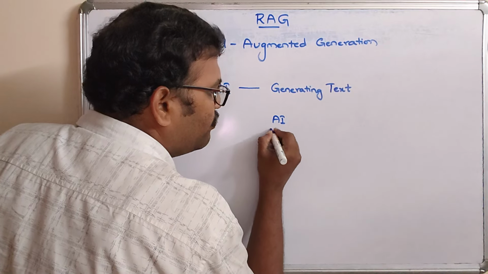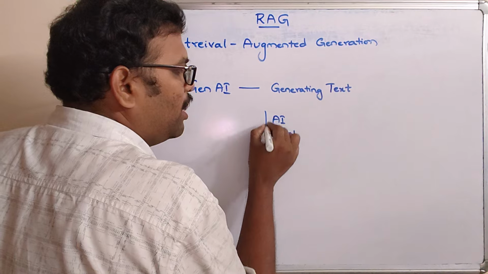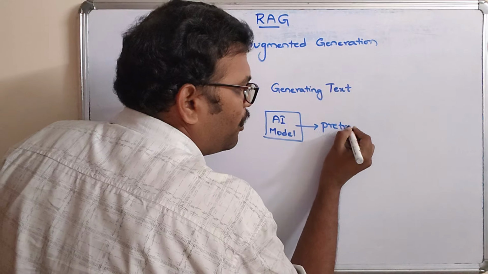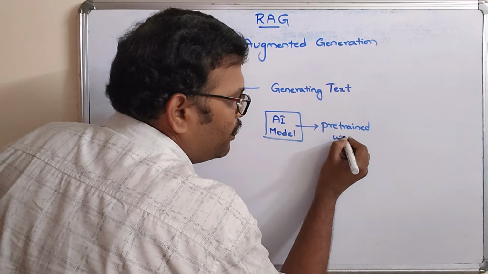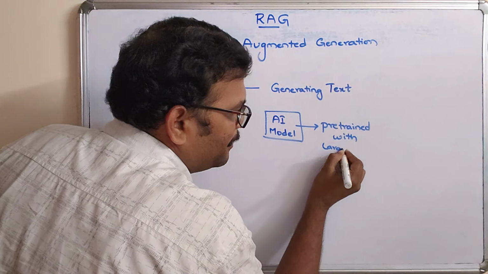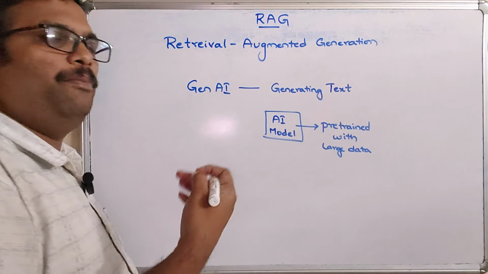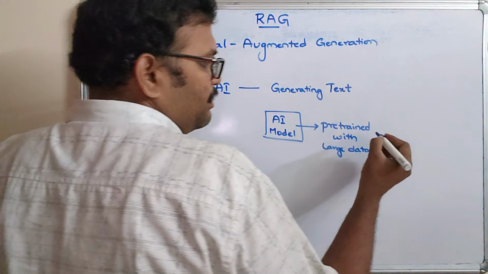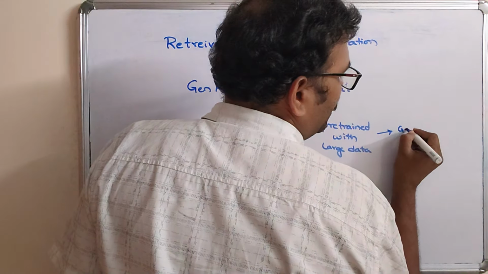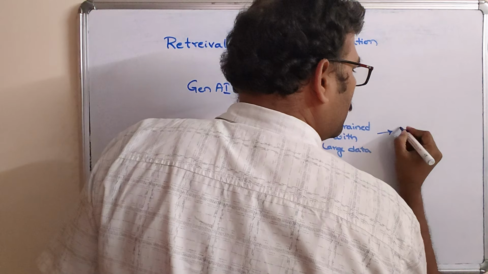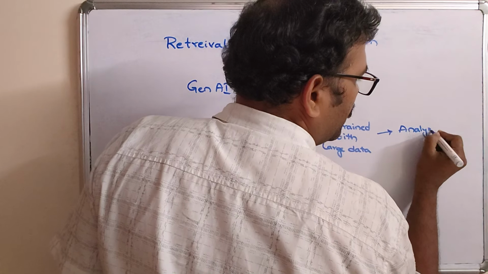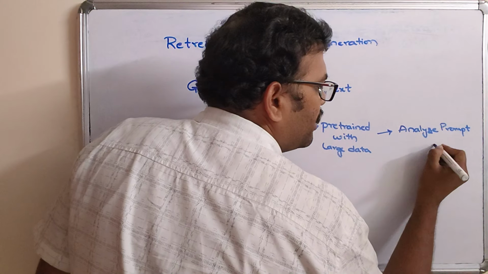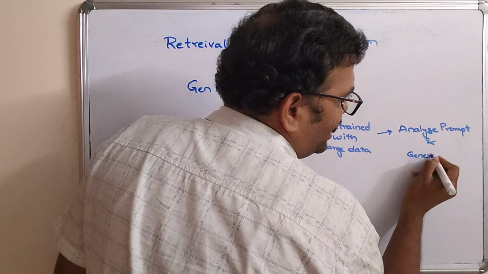The normal AI model will be pre-trained with a massive amount of data, and we'll use different generative AI models in order to generate the text. It will first analyze the prompt, meaning whatever input we are giving, and generate the text.